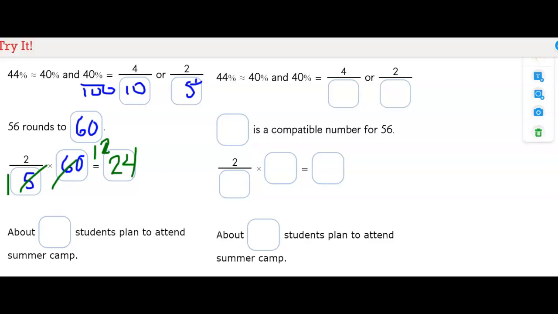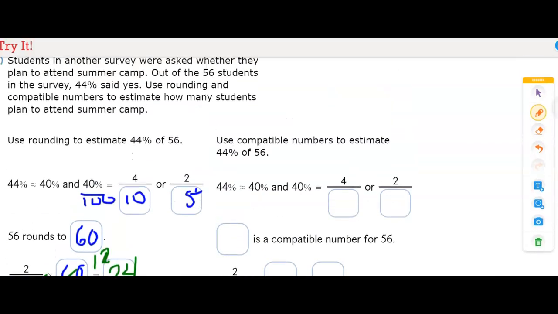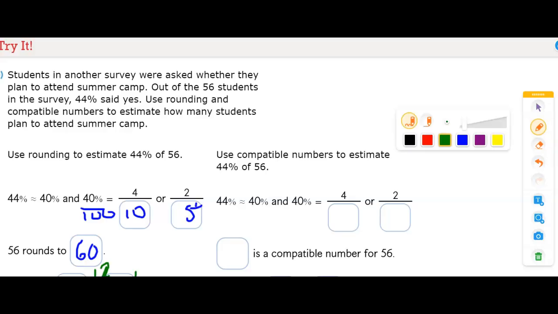Now let's look at the compatible numbers. Now we have 44% is again at 40%, and so we know the equivalent of those fractions there. That's 2/5.